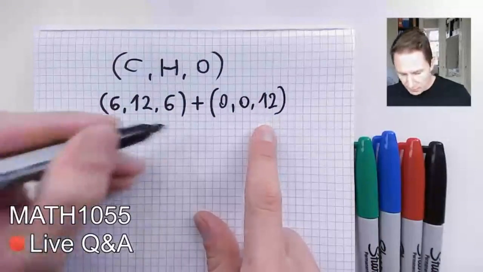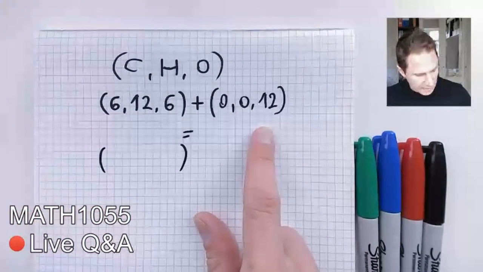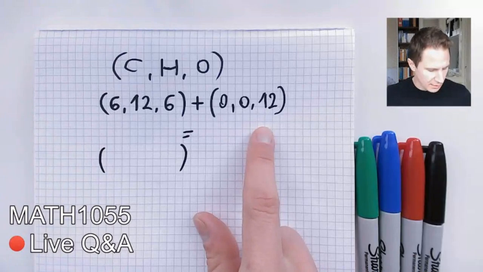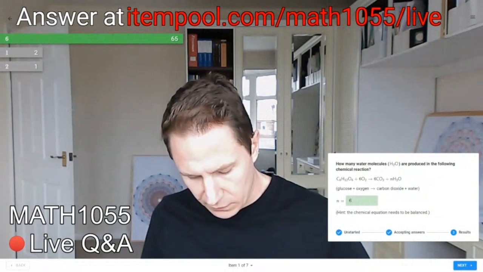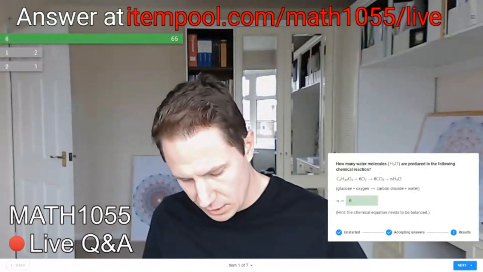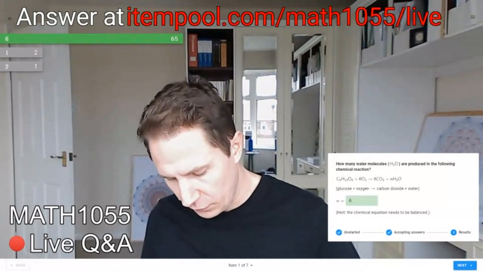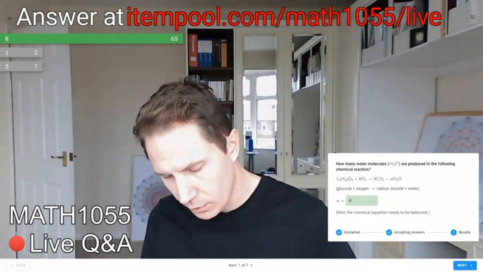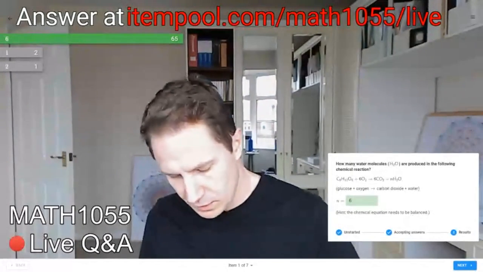So this is what we add to it, and we get, on the other end, carbon dioxide. Yeah, 6 of those, so 6 carbon atoms, 0 hydrogen, and 12 oxygen, plus some number n of water: 0 carbon, 2 hydrogen, 1 oxygen.